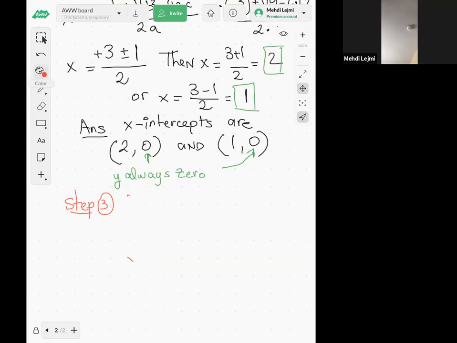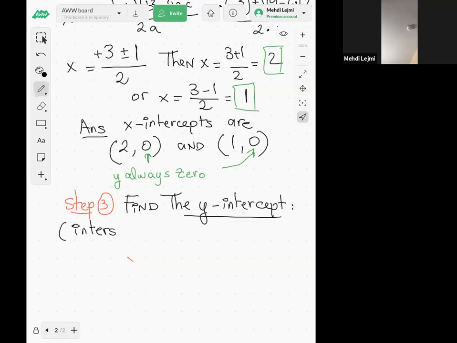So let me remind you guys, the y-intercept is the intersection of the graph with the y-axis.